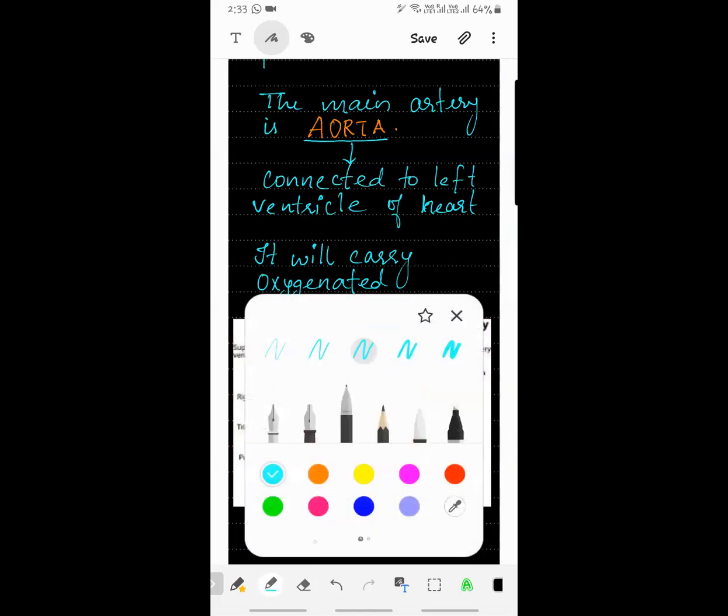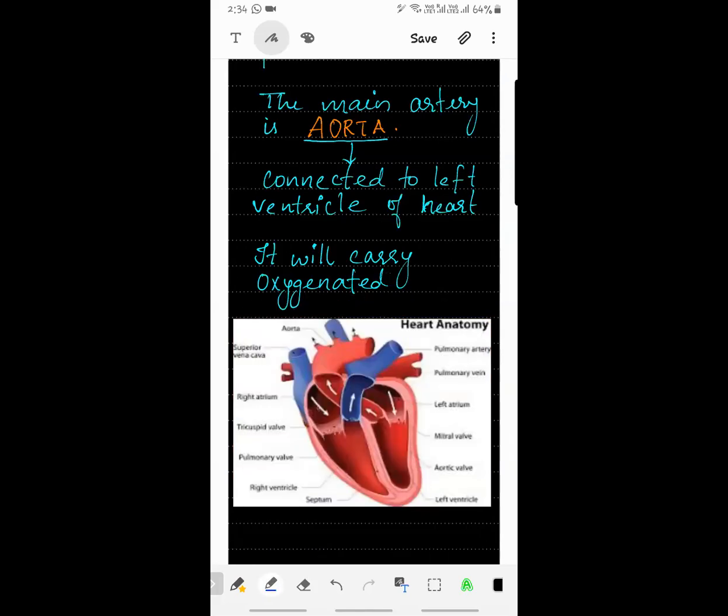This is the right ventricle, left ventricle, right auricle and left auricle. This one is the aorta.